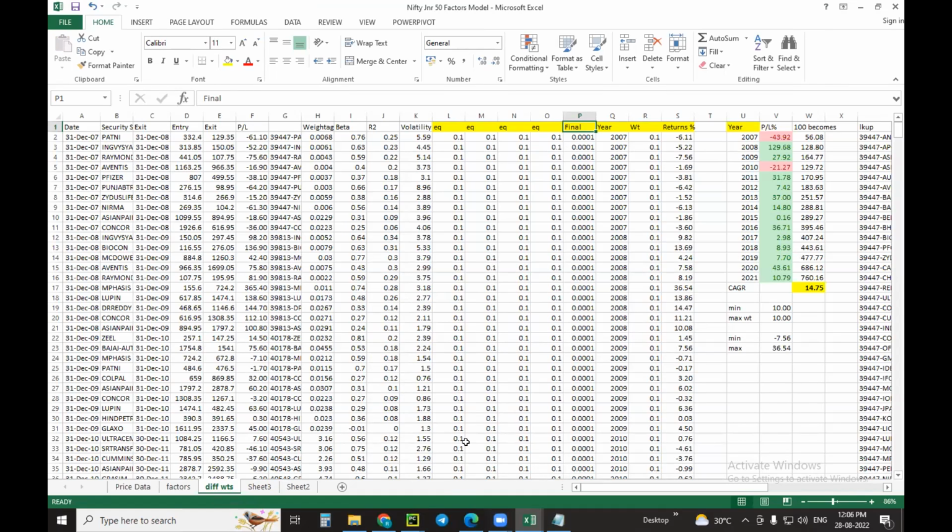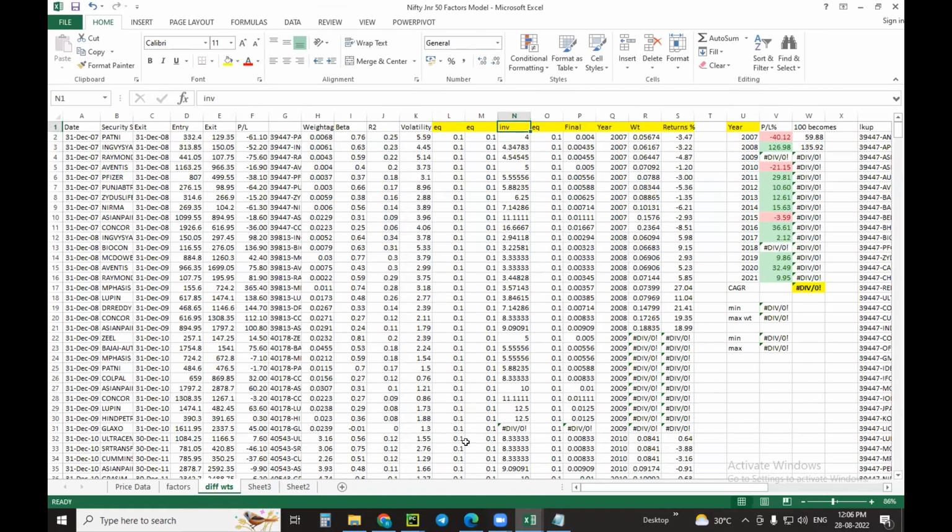So change R2 to INV. R2 would be third item, N, with INV, inverse. It is giving error because in one particular year, R2 of one stock is 0.